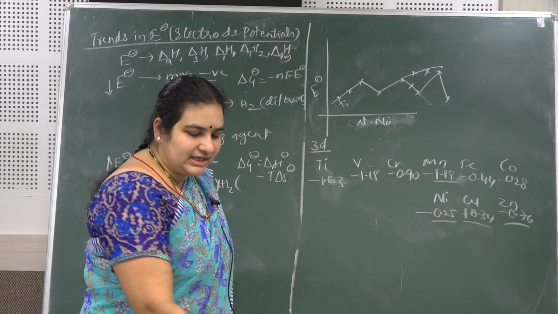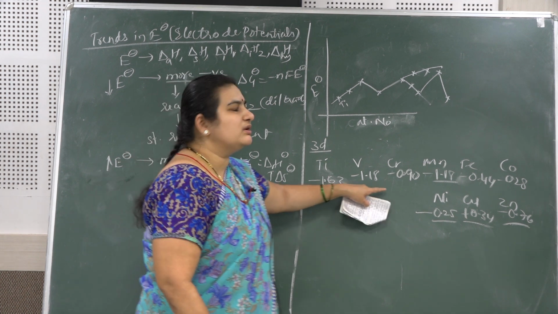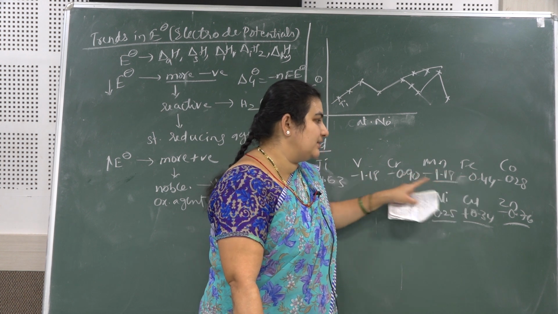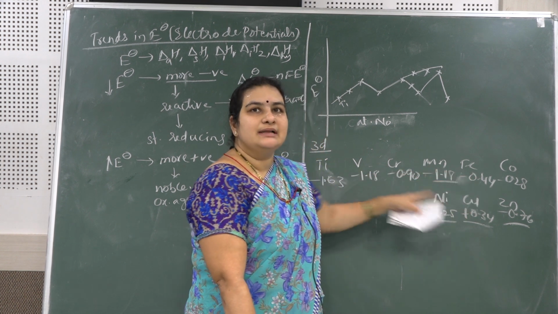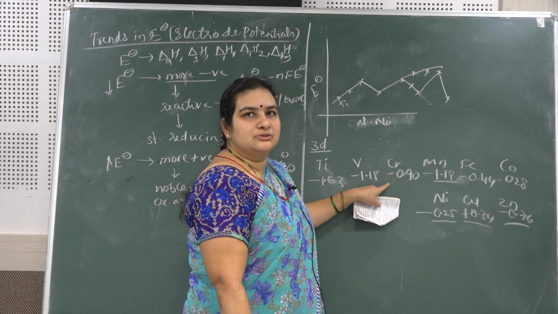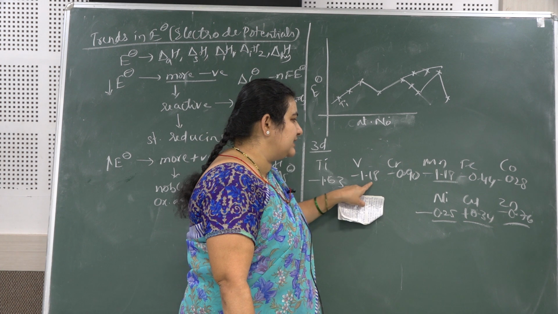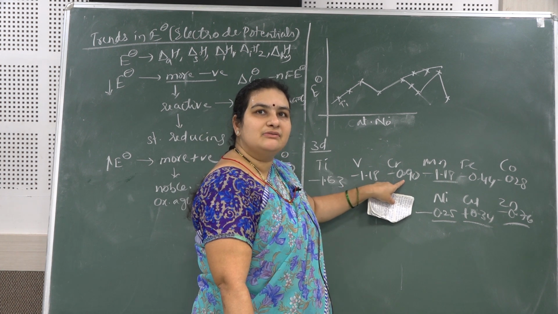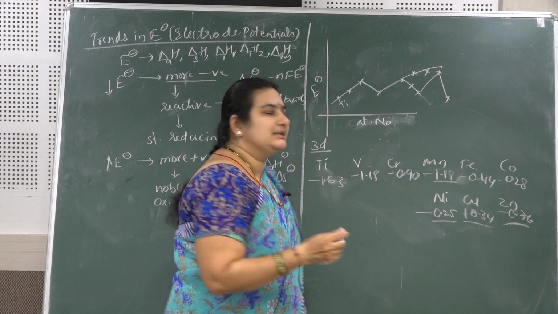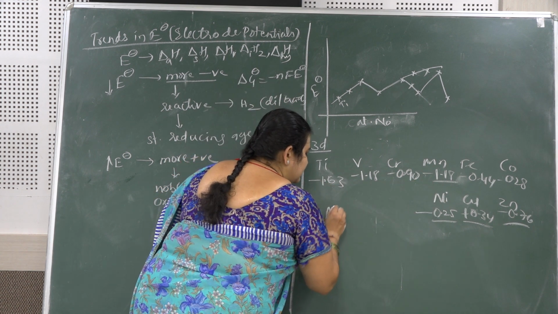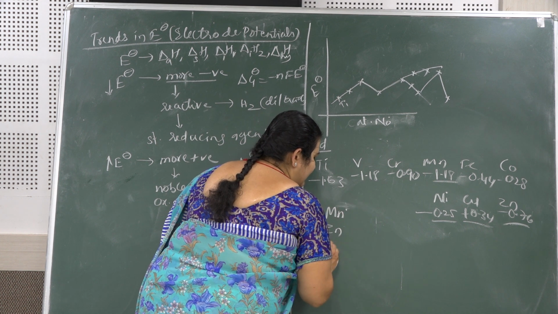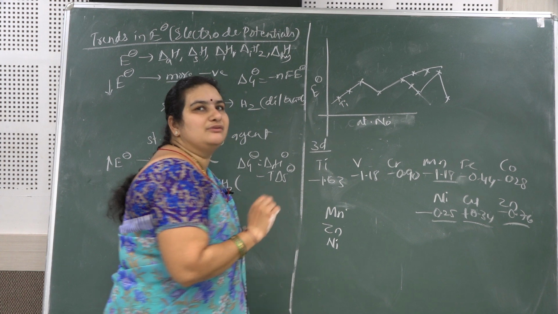In the series we can observe that more negative values are observed for manganese, nickel and zinc than the others. As per the values, the negative value goes on decreasing, but for manganese the value has increased. The more negative values of Mn, zinc and nickel can be explained by the following facts.